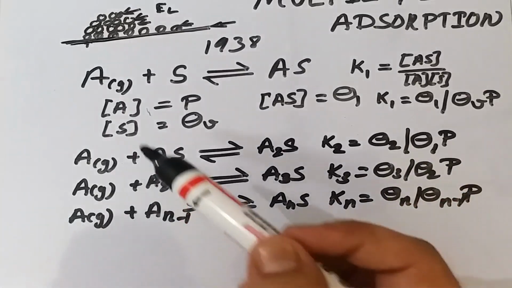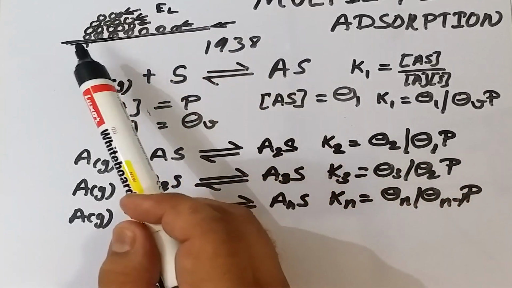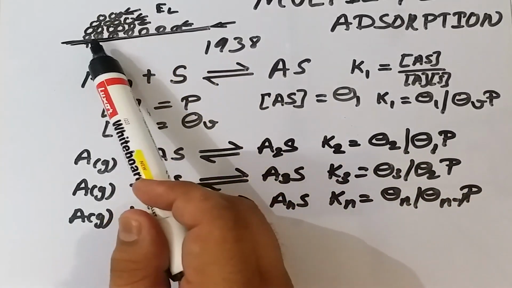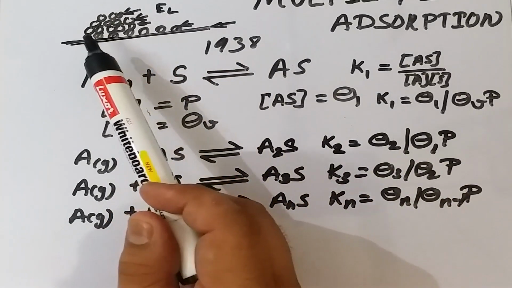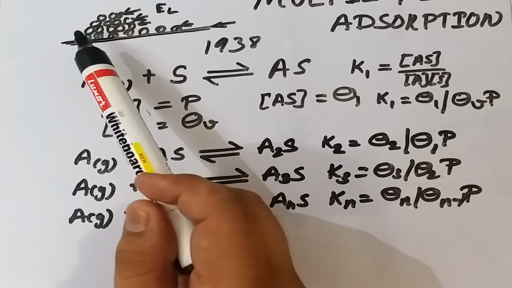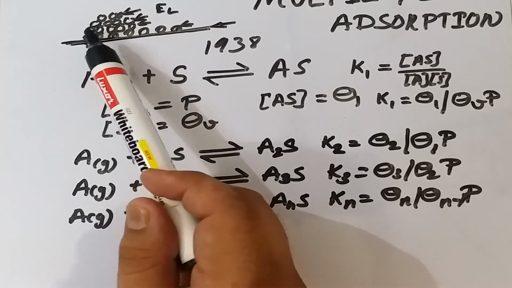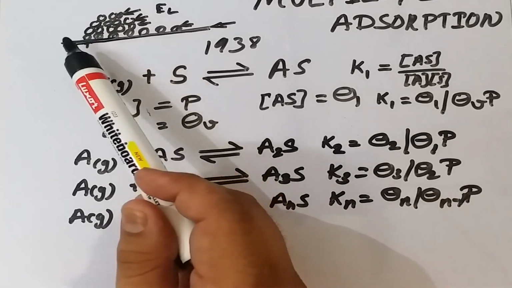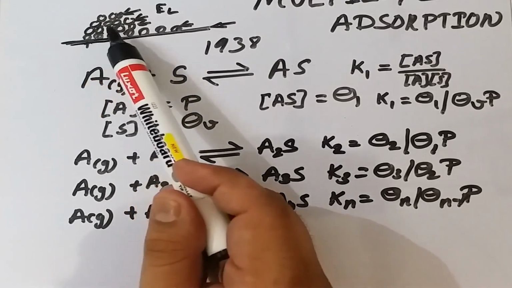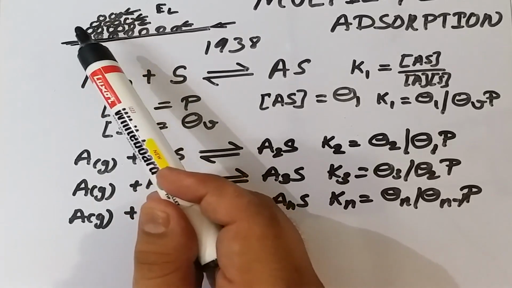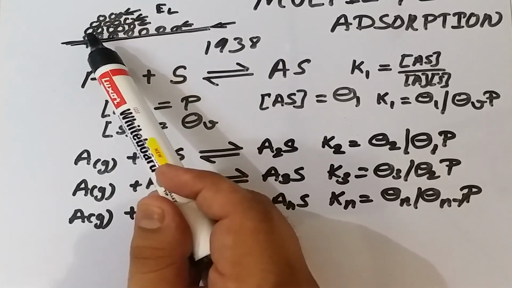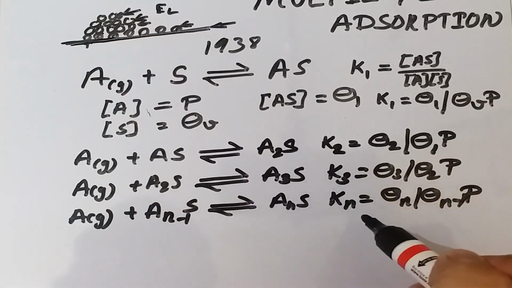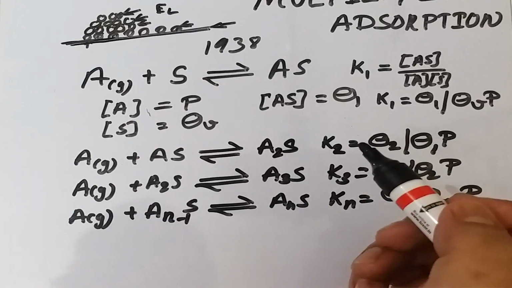As we have discussed in the postulate, the interaction between the adsorbed surface and the first layer will be unique, and the adsorption from second to third, third to fourth, fourth to fifth, and so on will not be very different, they will be almost similar, as two liquid molecules are interacting. Hence in such a case the equilibrium constant for the second, third, fourth and successive layers will almost be equal.